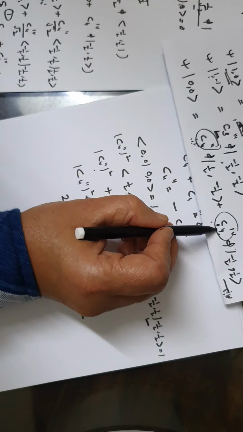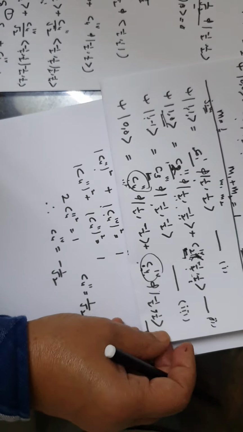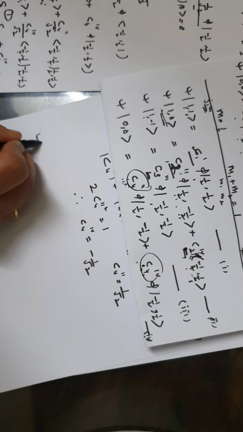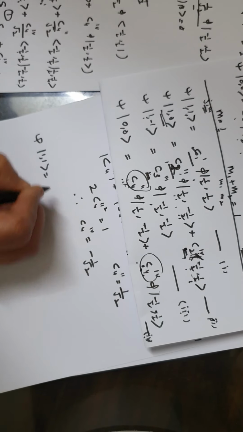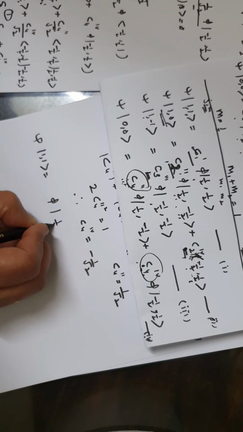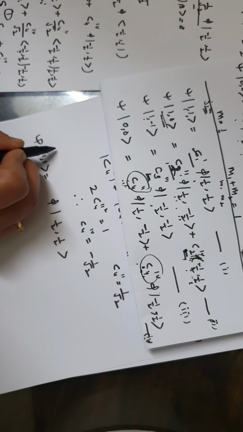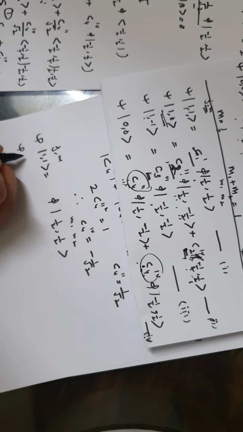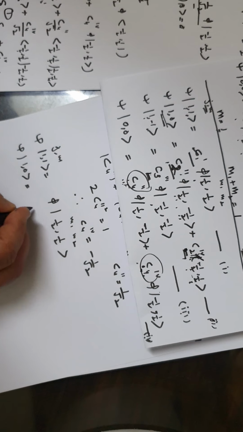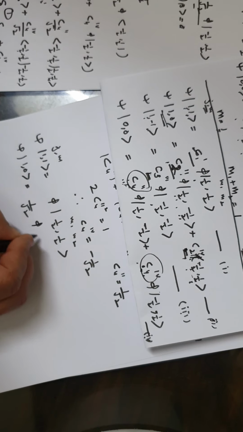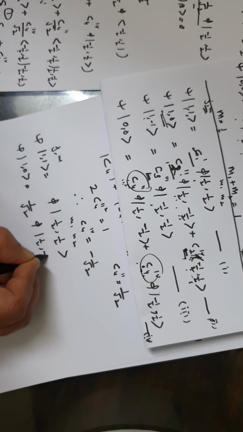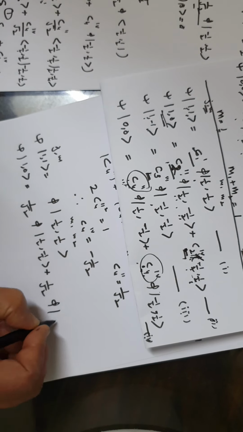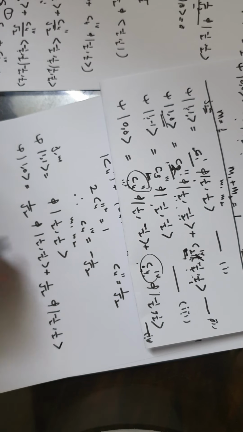Now we have calculated these two also. Let's see now what we have. We have the equation psi 1 1 will be equal to phi 1 by 2 1 by 2. This is J and M. This is M1 and M2. Psi 1 0 will be equal to 1 over under root 2 phi 1 by 2 minus 1 by 2 plus 1 over under root 2 phi minus 1 by 2 and 1 by 2.